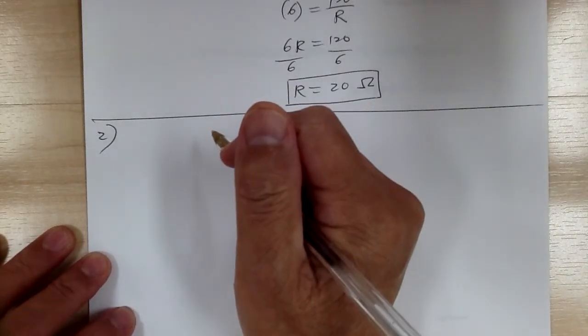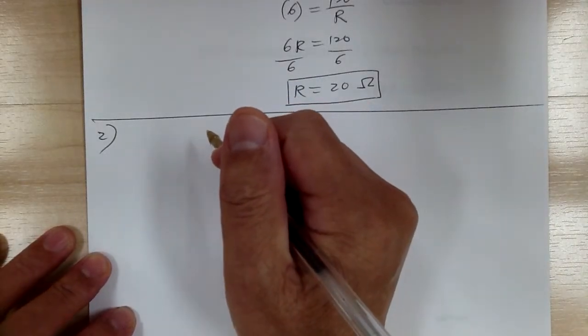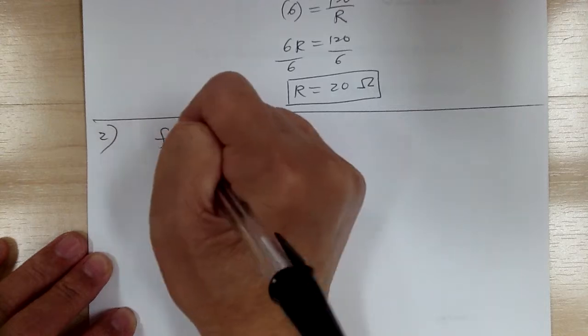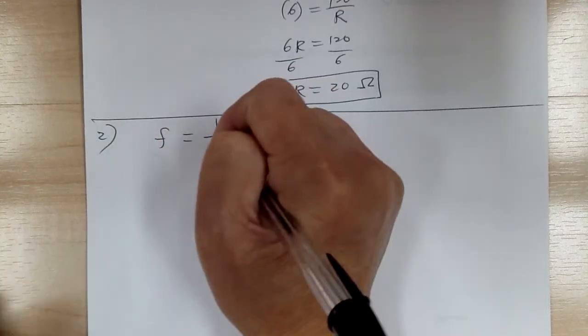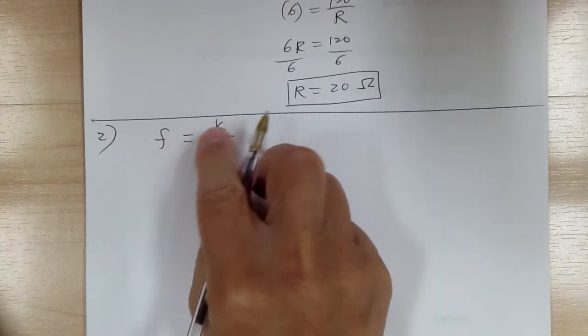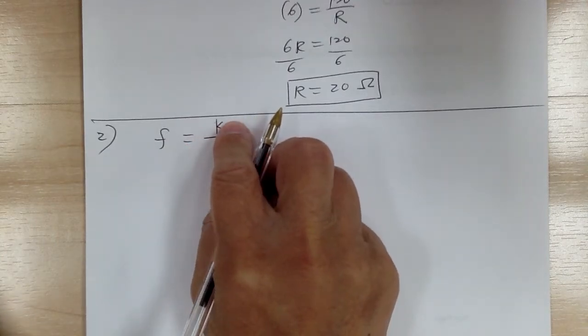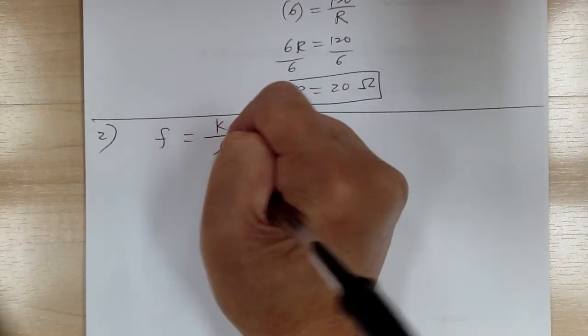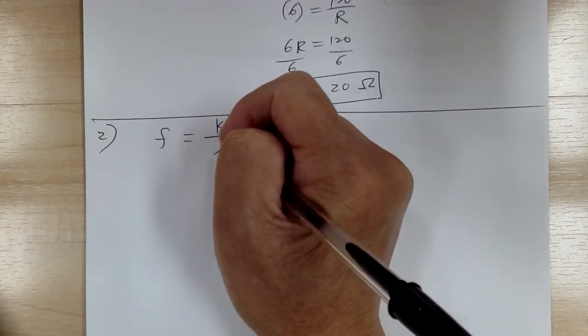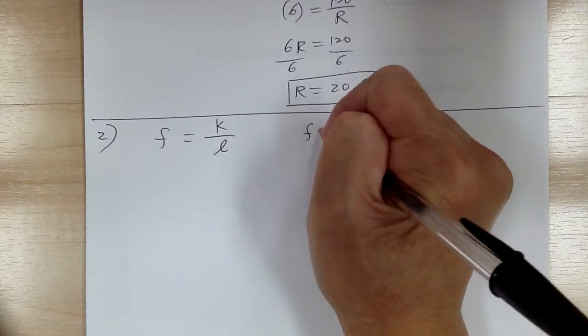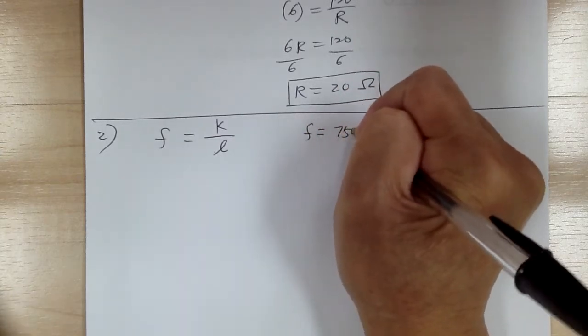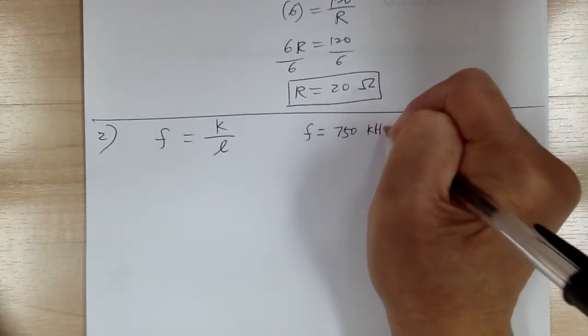It says electromagnetic transmission, the frequency varies inversely as the wavelength. So let's call it L for wavelength.